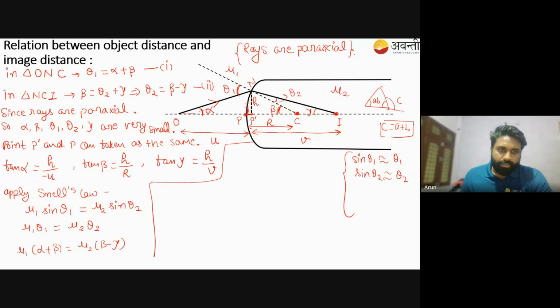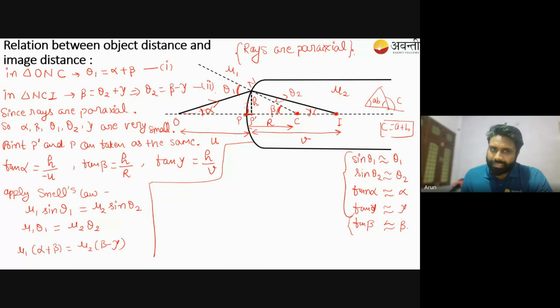Now, since alpha, beta, gamma are also very small, you can consider tan alpha as alpha, tan gamma as gamma, and what is left? Beta, tan beta as beta. So put the values of alpha, beta, gamma here.